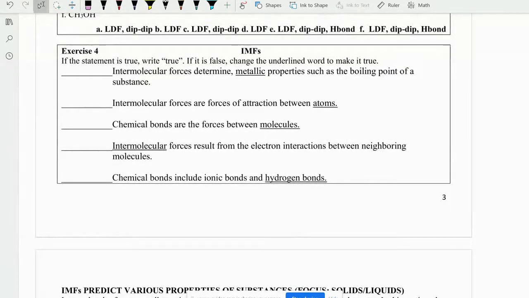Exercise 4. Put true or false. If it's false, change the underlined word to make it true. Okay, IMFs determine metallic properties such as the boiling point of a substance. The answer would be false. It's not metallic properties, it's physical properties.